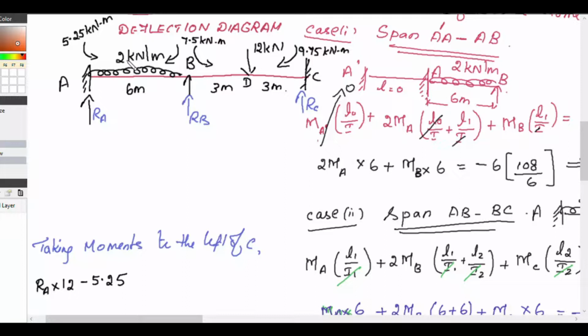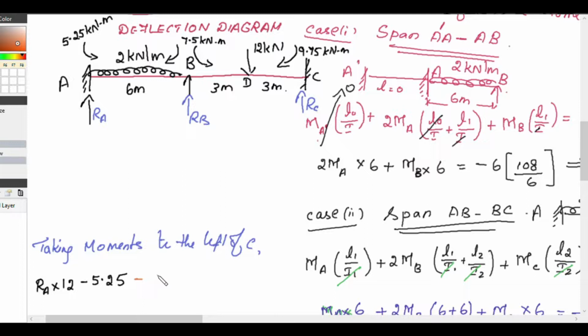Now we have a load of 2 kilonewton per meter. So it is anti-clockwise, so negative.